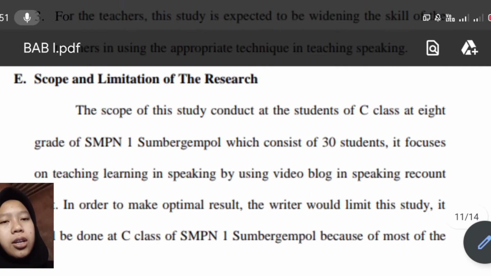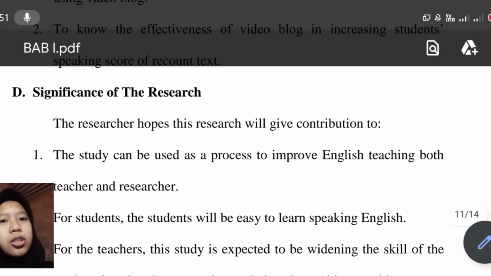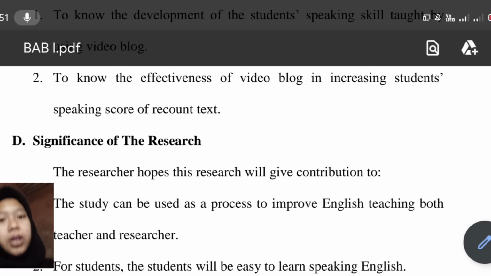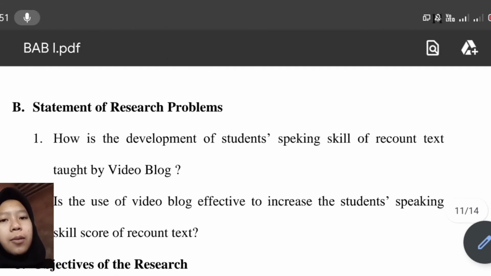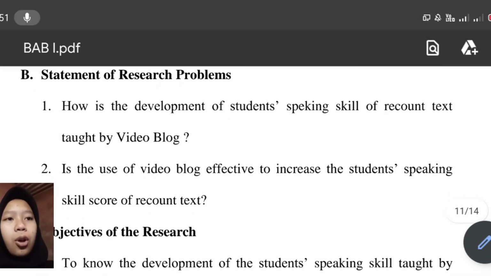We were learning about the characteristics of quantitative research: there are the research problem, variable, and the hypothesis. And in this thesis, the variables are video blog and student speaking skill.